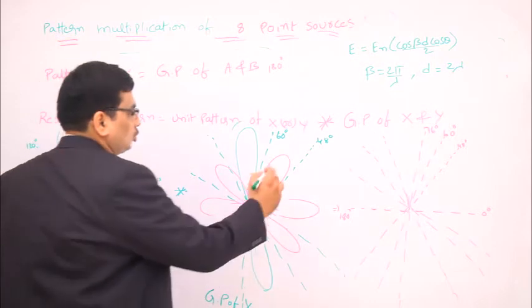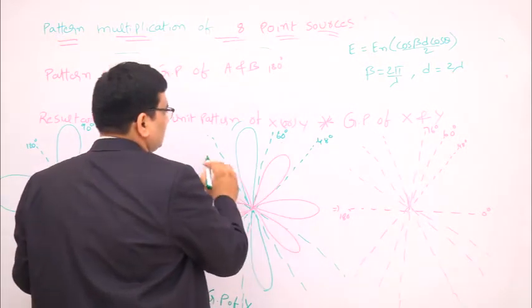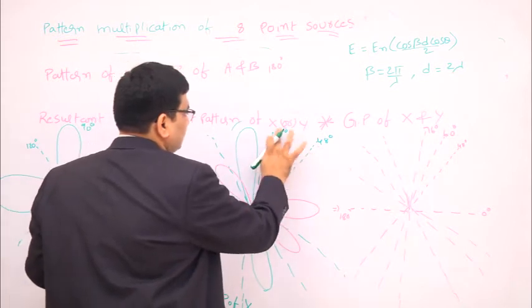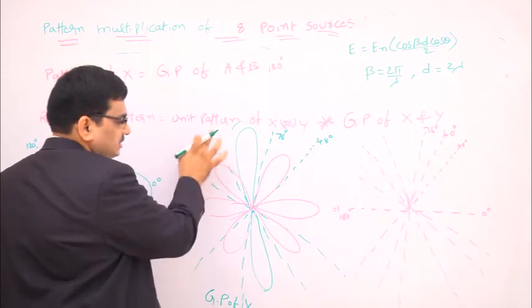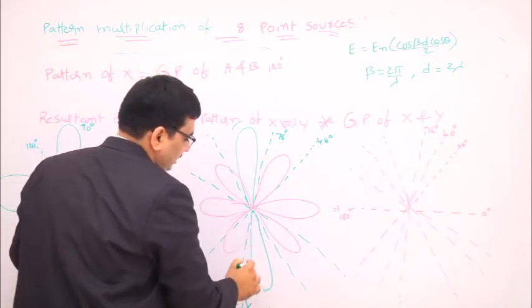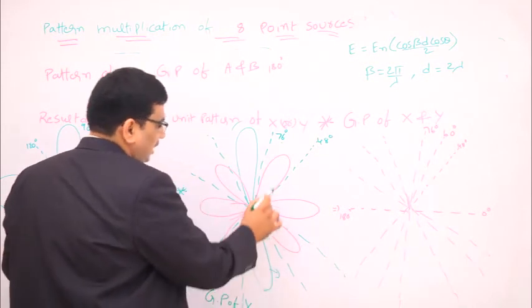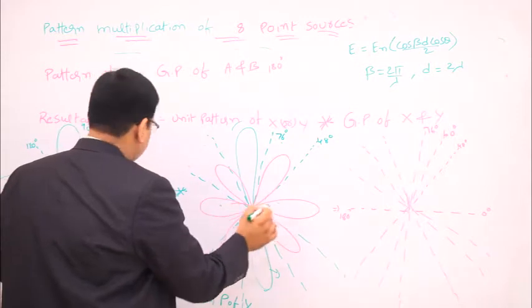So here the four nulls are at 48 degrees, 60 degrees, 76 degrees, and here also there are two nulls in this direction. And the maxima direction is in this direction. This green line indicates the major lobe and these are the 4 nulls. This is the major direction.